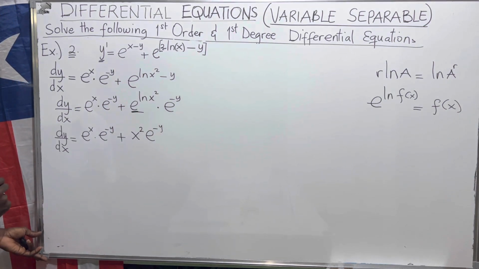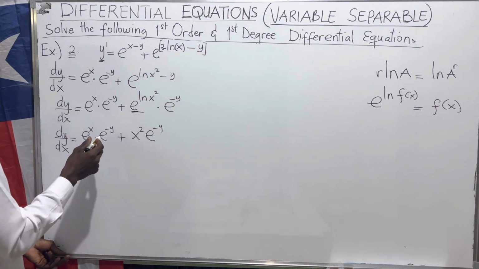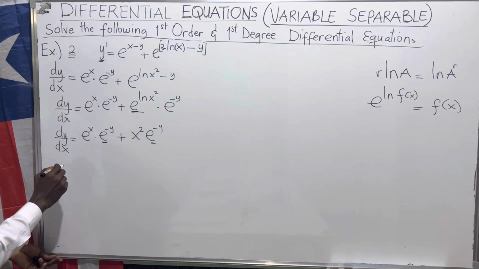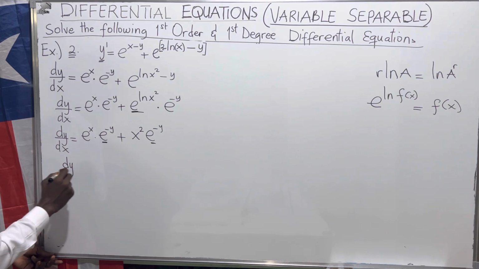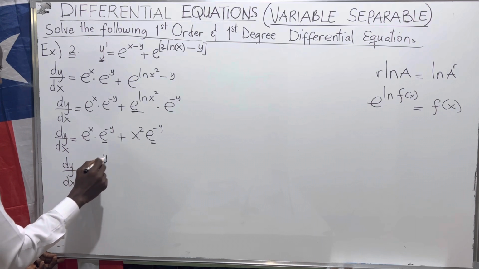So what we can do is factor out. If you look here carefully, you see that e raised to the power minus y is common, so we can factor out e raised to the power minus y.